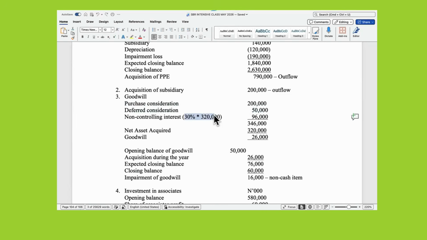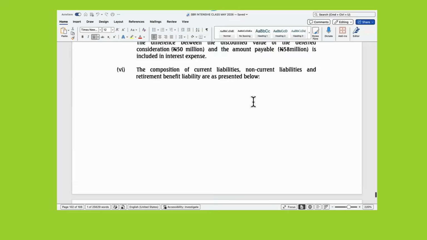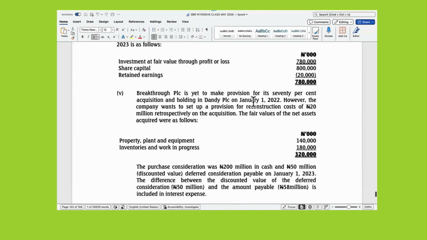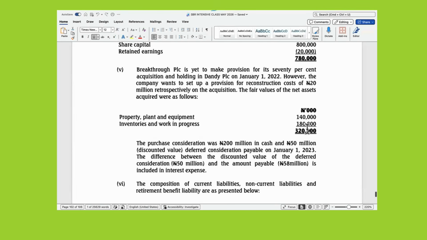Since I acquired 70% in that subsidiary, NCI is 30%, so it will be 30% times the net assets acquired, which is 96. And this is in note 5, the subsidiary I acquired. You see, this is the 320, the asset that I acquired.